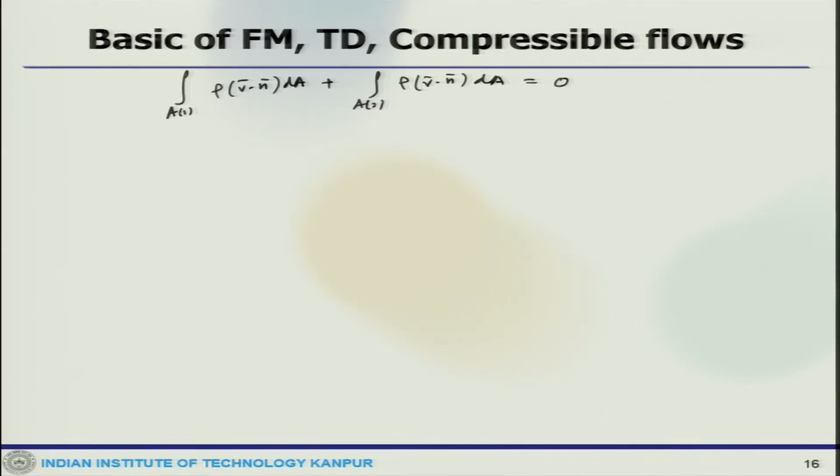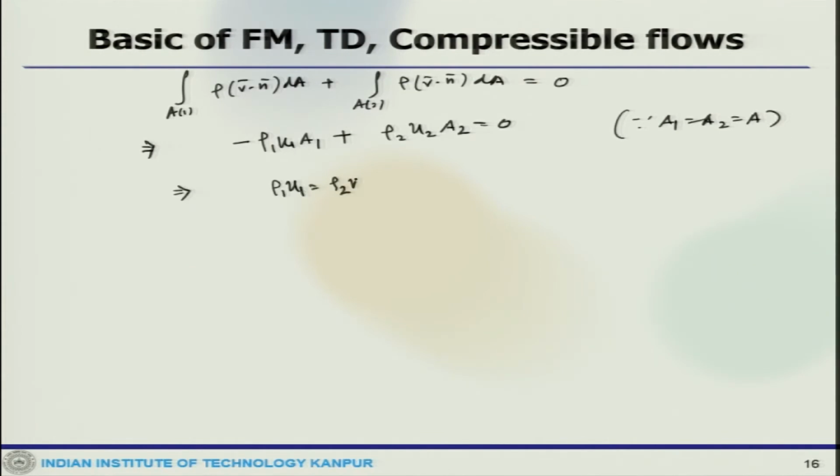Now, if we go about the drawn control volume, this will become minus rho 1 u 1 A 1 plus rho 2 u 2 A 2. Now, the area is the same, constant area. So, this becomes rho 1 u 1 equals rho 2 u 2.